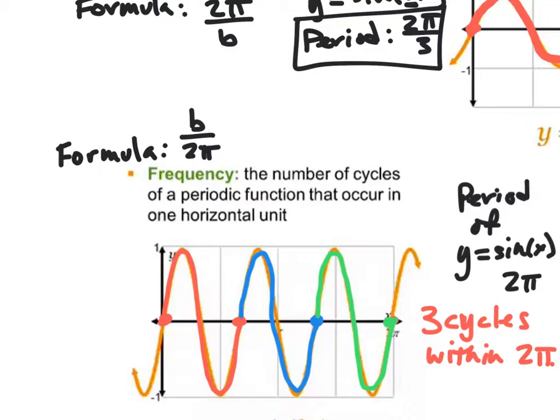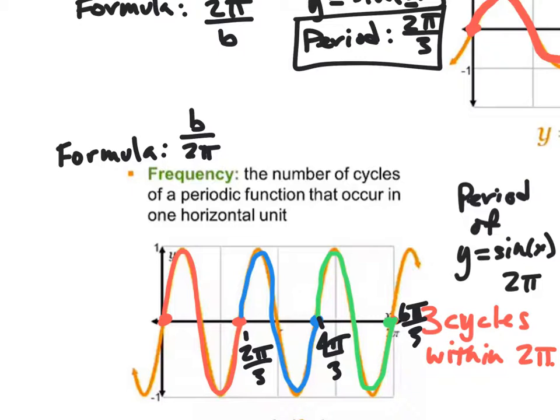And so this value here would be 2 pi over 3. This value here, we'd add another 2 pi over 3. This would give us 4 pi over 3. And then this would give us 6 pi over 3, which is 2 pi.